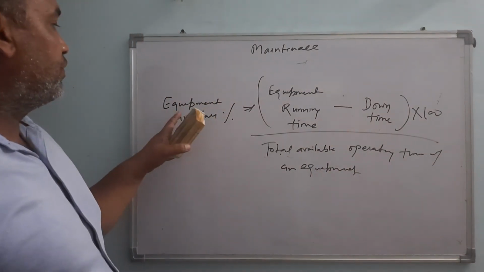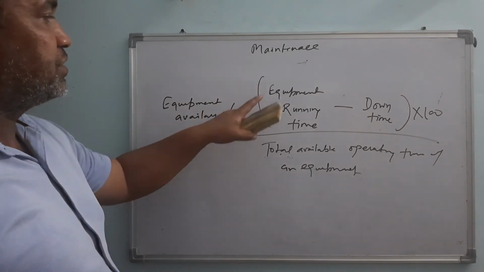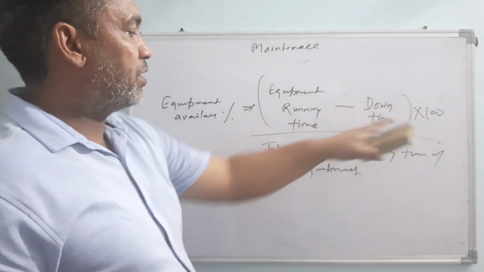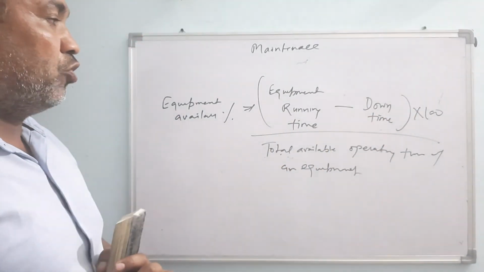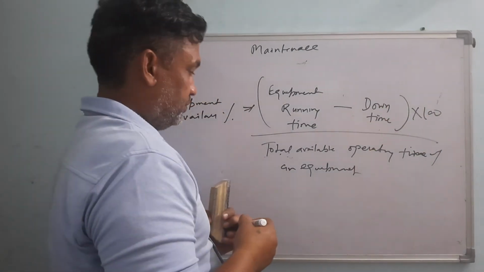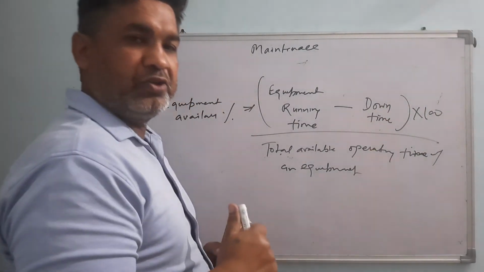The formula of equipment availability percentage is equipment running time minus downtime, multiplied by 100, divided by the total available operating time of an equipment. Okay, thank you. Have a nice day.